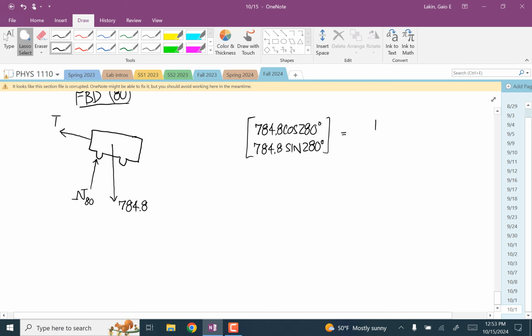So that is positive 136.28, negative 772.88.